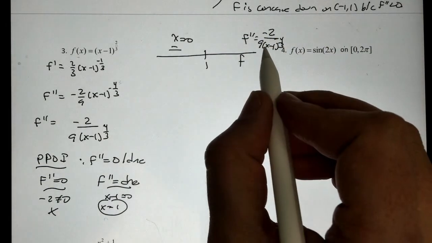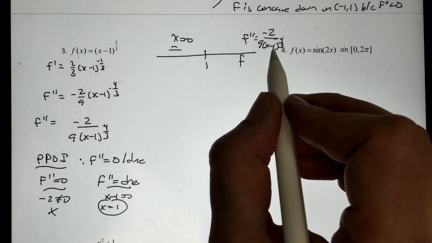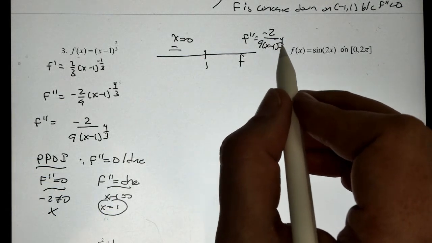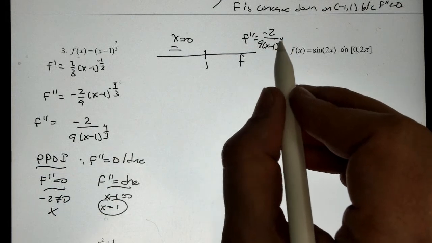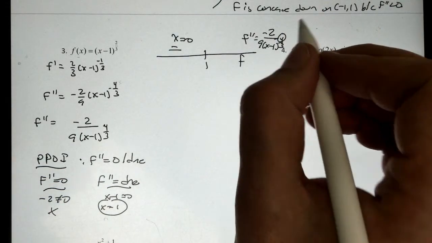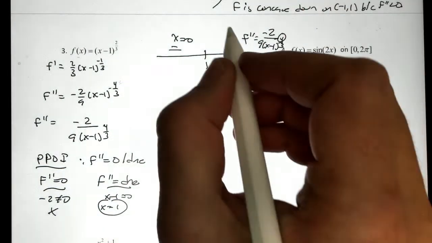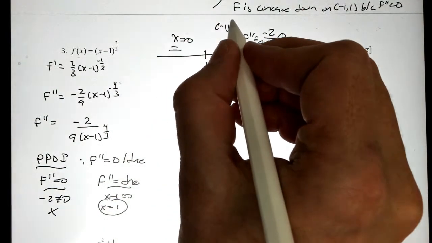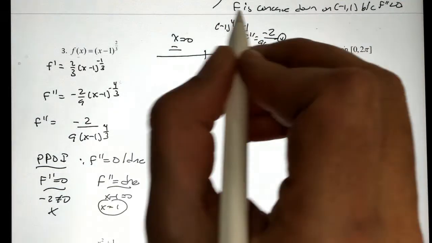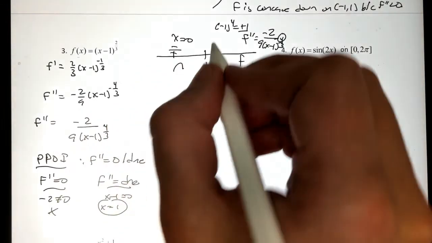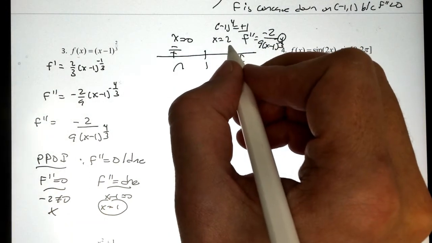But if I plug into the bottom, I'm going to get 0 minus 1, which is negative. I can take an odd root of a negative, so that's not the issue. The issue is the 4. The 4 is even. The 4 is telling me I'm taking that negative 1 to a 4th power, and a negative 1 to a 4th power is a positive 1. So the bottom here is going to be positive, which is telling me this is going to be concave down.